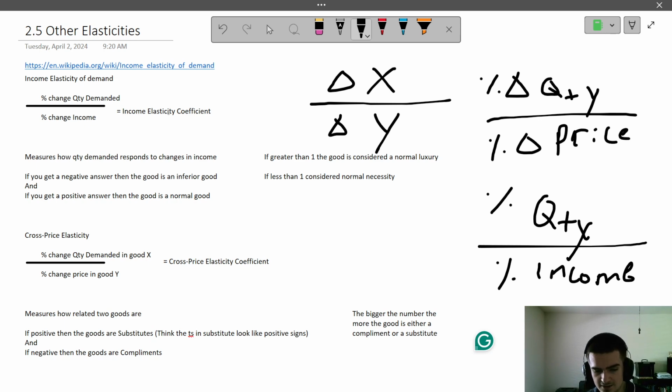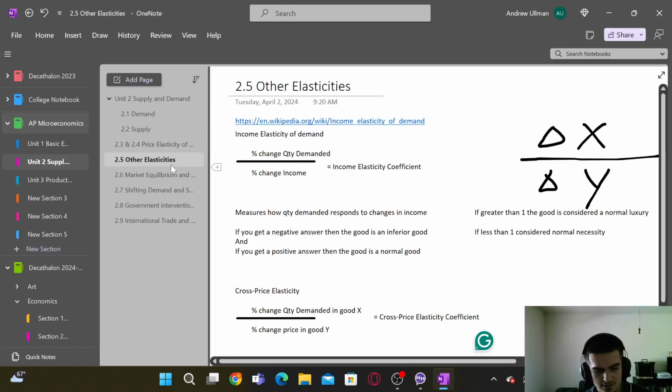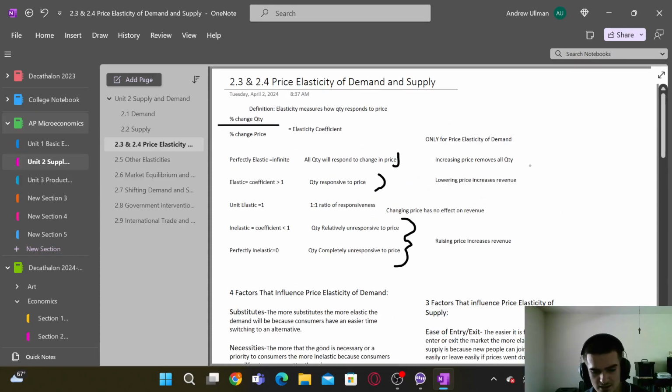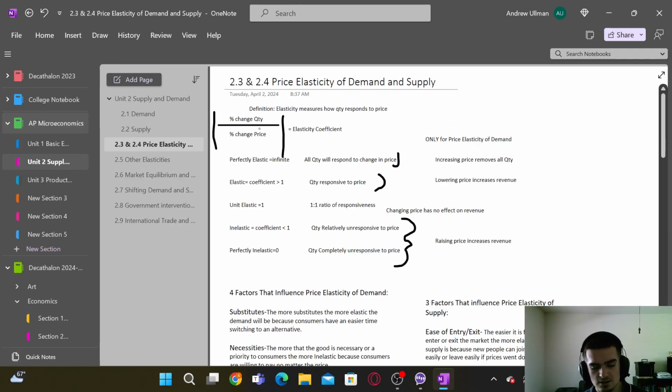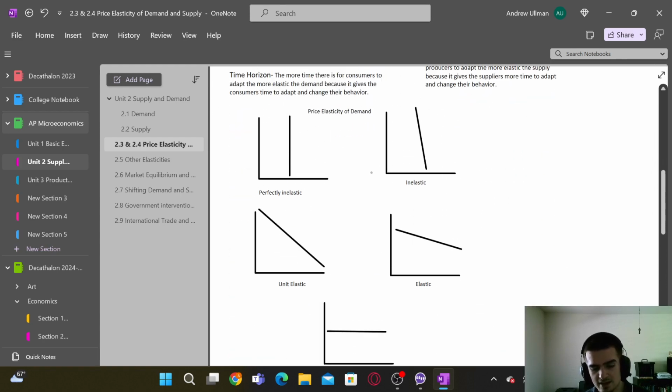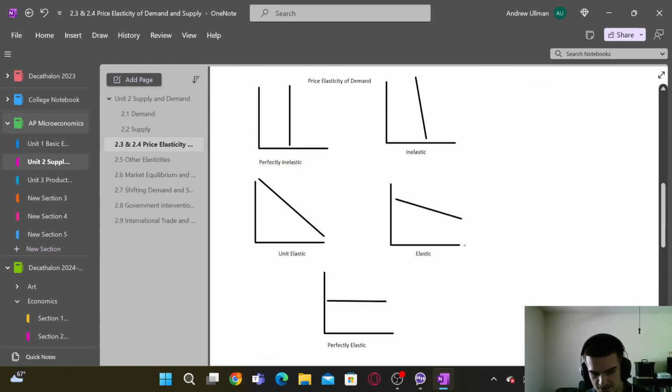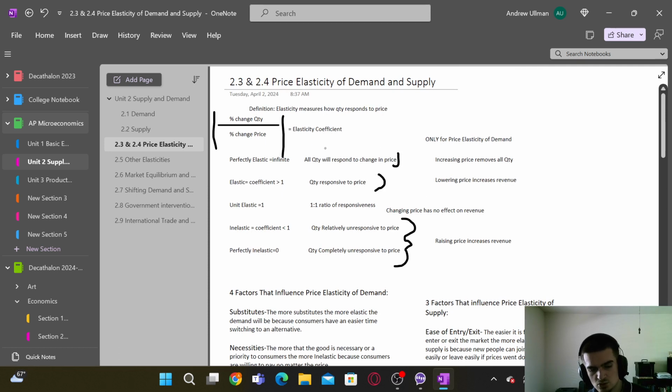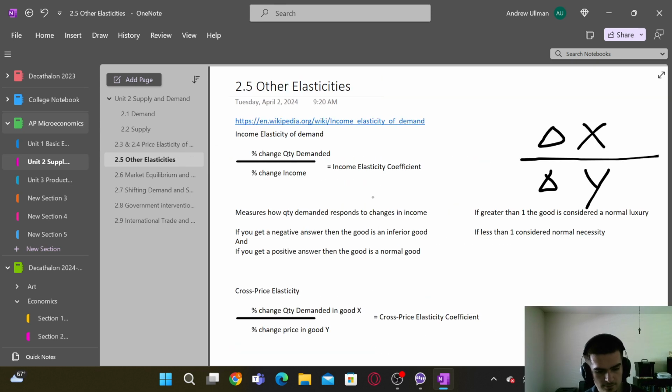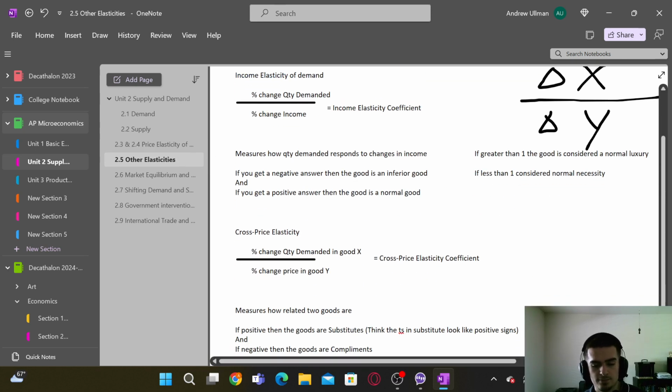That's how I remember the formula. You can get negative here. So on the price elasticity, this is like absolute value, right? Technically your demand's always going to be negative and your supply is going to be positive, but you treat your elasticity coefficient as an absolute value. But this one, you don't.